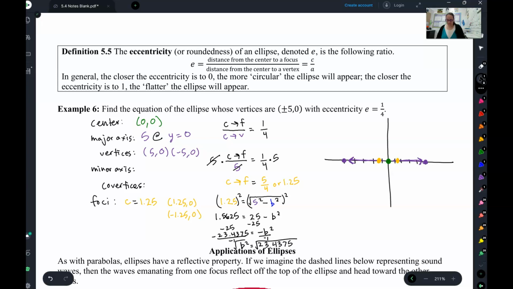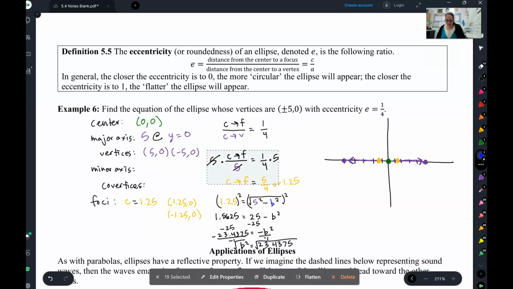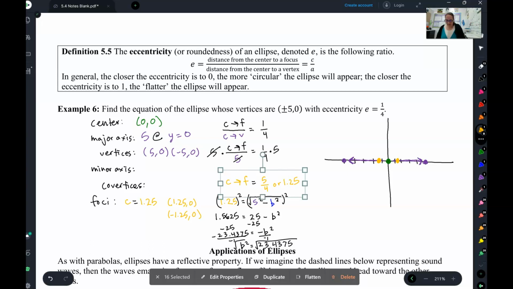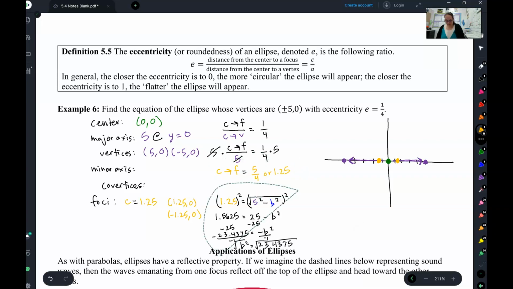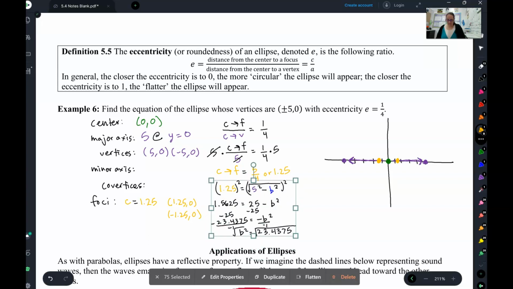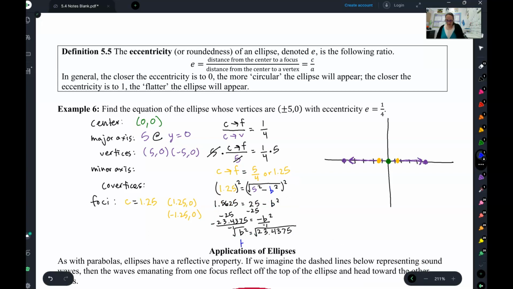So I get b, which is not a very pretty number. I'm going to make some room here. So in this case, I'm just going to write b as a decimal, 4.84.